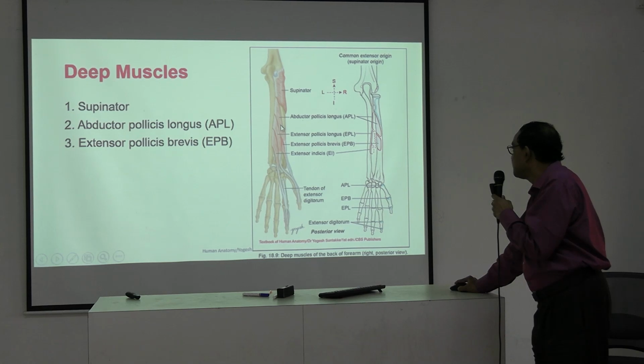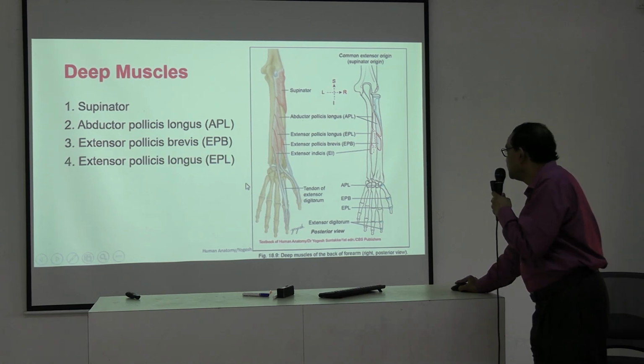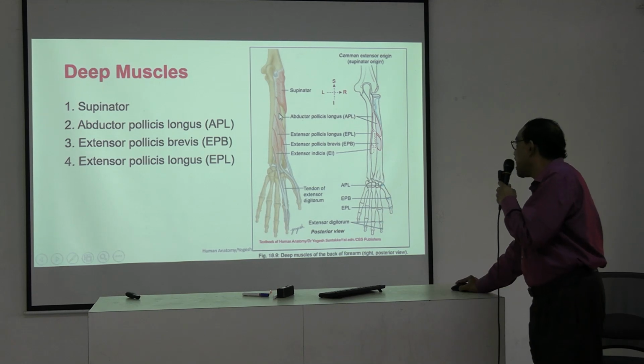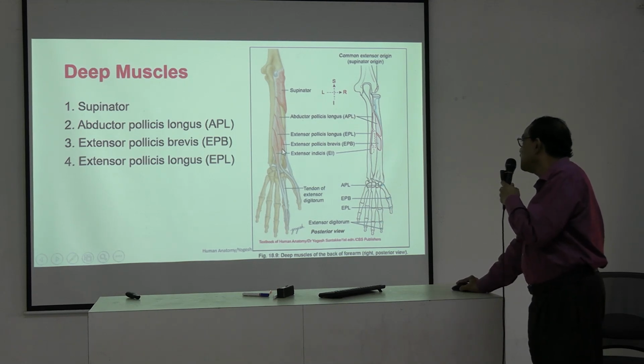You can see these 3 tendons are going towards the thumb. This one, and this one. This one is the abductor pollicis longus, and in between there is extensor pollicis brevis. They are moving hand in hand, and it is going towards the thumb.